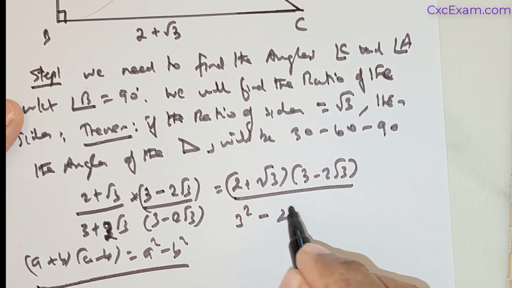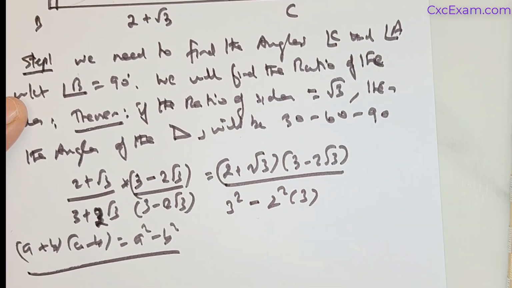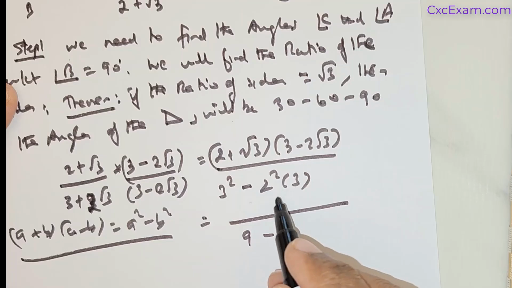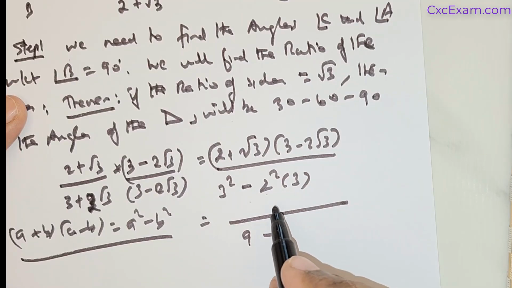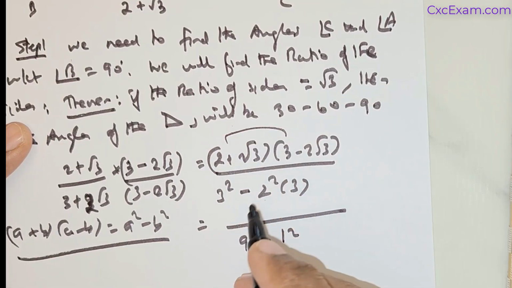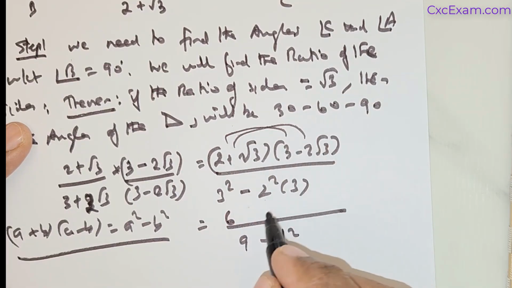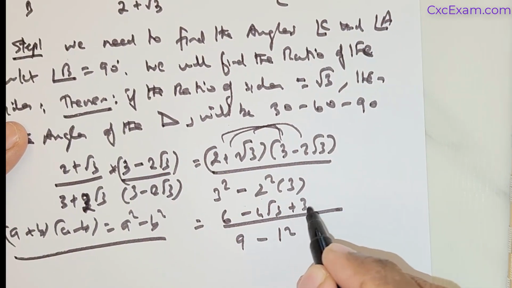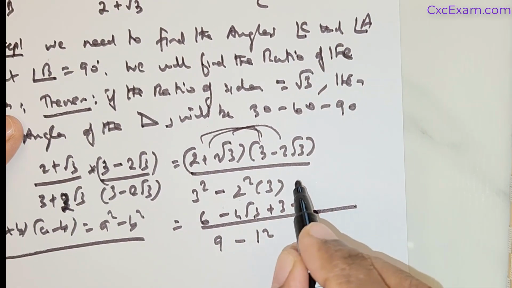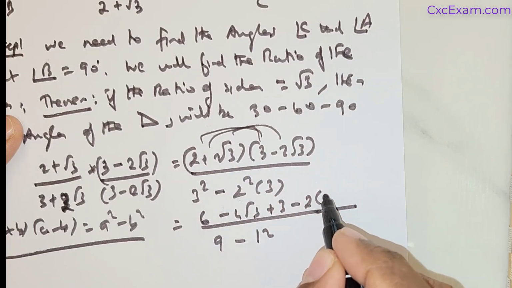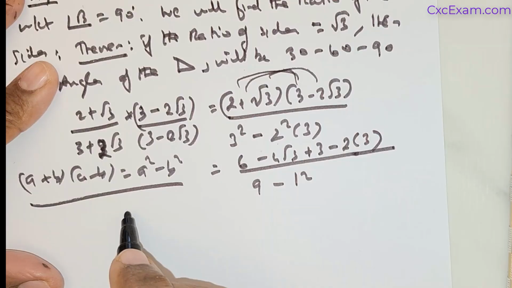So this is 3 squared negative 2 squared times 3, which is going to be 9 negative 4 times 3 is 12. Over here 2 times 3 is 6, negative 4 times root 3, and this is 3 negative 2 times root 3 into root 3 is 3.